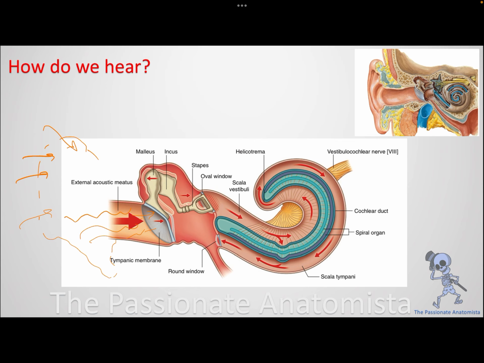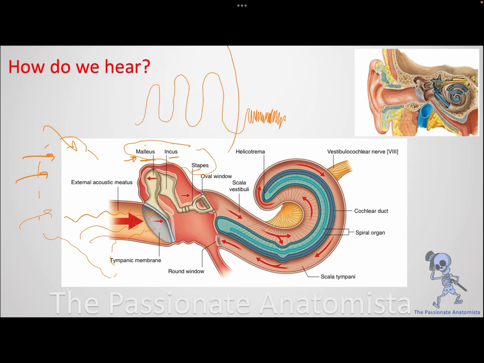The tympanic membrane pushes against the malleus, incus, and stapes. Thanks to these bones, they convert the high amplitude, low frequency waves into short amplitude, high frequency waves. Why is that?